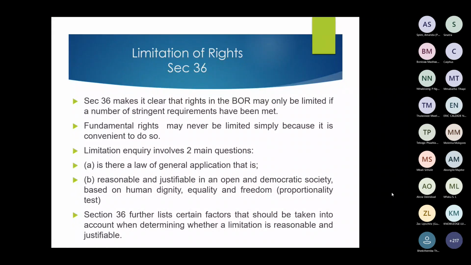And then you move over to what is known as the proportionality test. Is it reasonable and justifiable in an open and democratic society based on human dignity, equality, and freedom? To assist with this proportionality test, Section 36 has 5 factors that should be taken into account when determining whether a limitation is reasonable and justifiable.